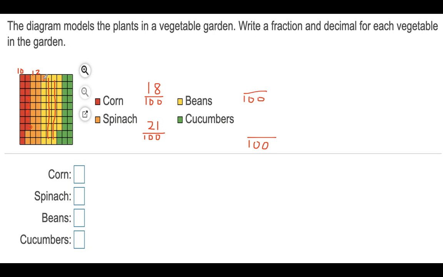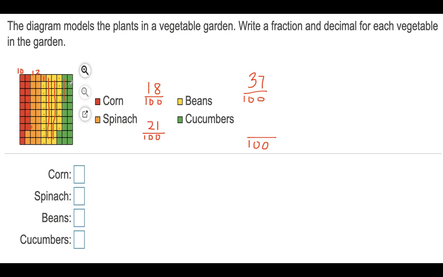But I know that 1 in this column was a spinach. So now I have 20 plus 9. 29 is here, right? Then I don't have a full column here. So 29, 30, 31, 32, 33, 34, 35, 36, 37. So I have 37 beans.